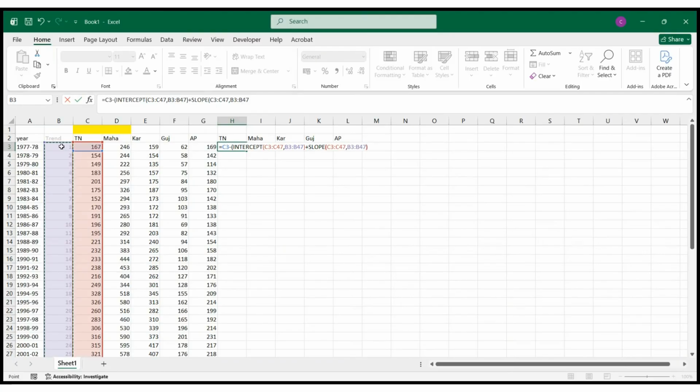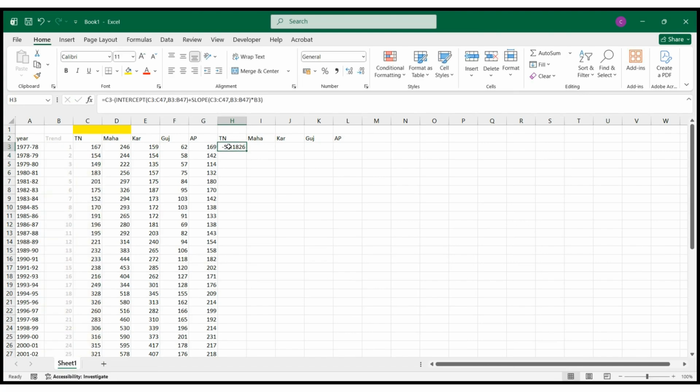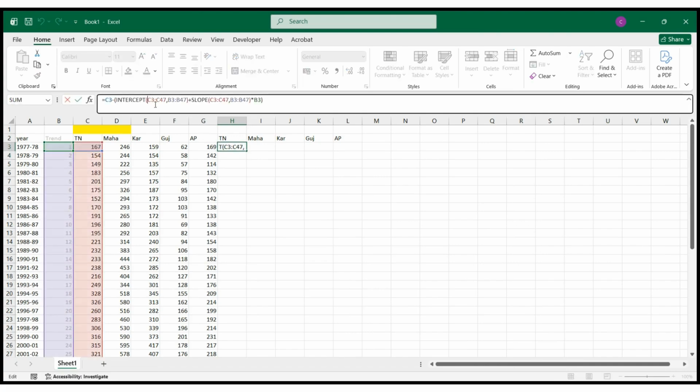Followed by that, the slope multiplied by the time trend, which is nothing but the basic linear regression equation. So I'm just trying to calculate it directly, that's it. This is how we calculate the forecasted values for each year.